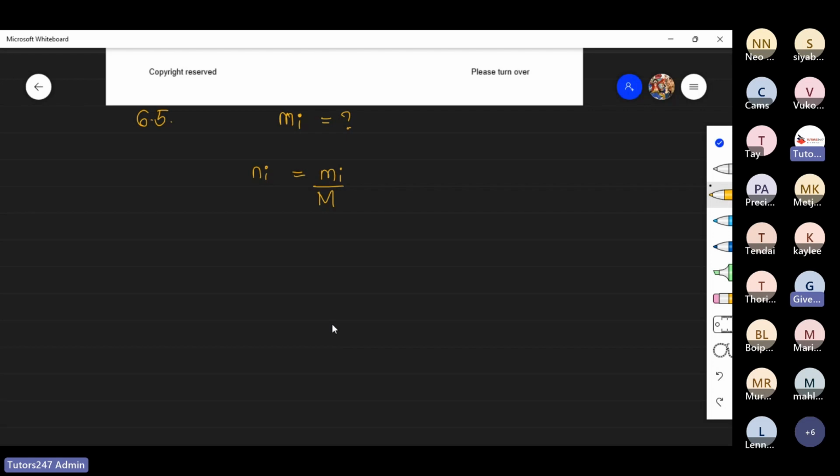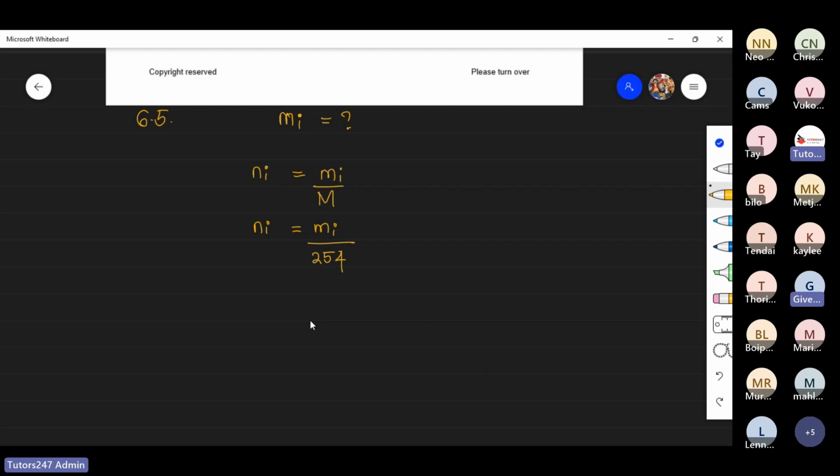Now, our molar mass of iodine is 254. So in place of molar mass, I'm now going to substitute 254. This can be found at the back of your question paper on your periodic table.